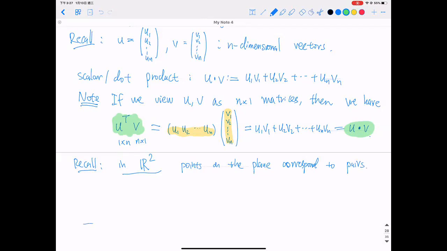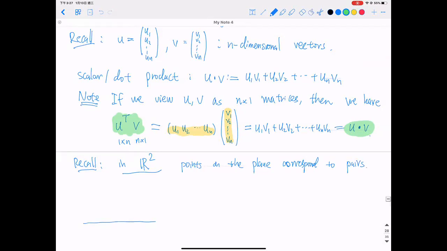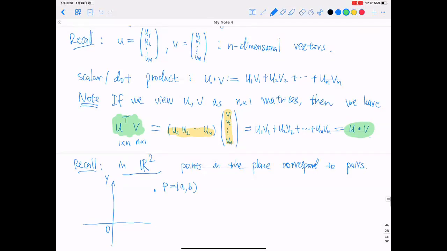So for example, let's say we draw the usual XY plane, and here is the origin, and suppose you have a point here called P, and this point corresponds to a pair, say (a, b). Then let me extend this a little.